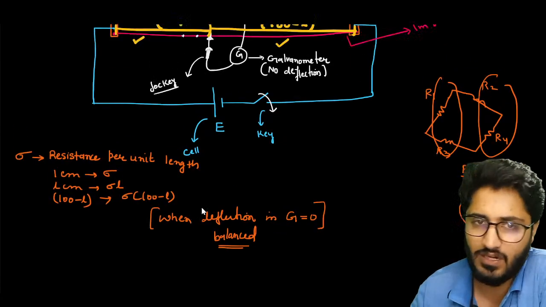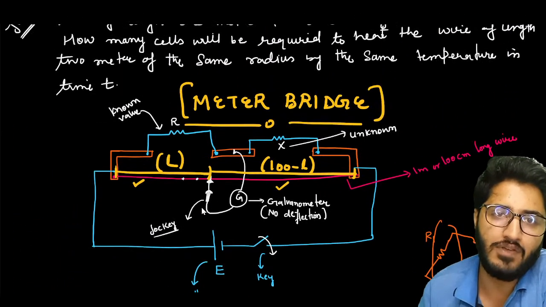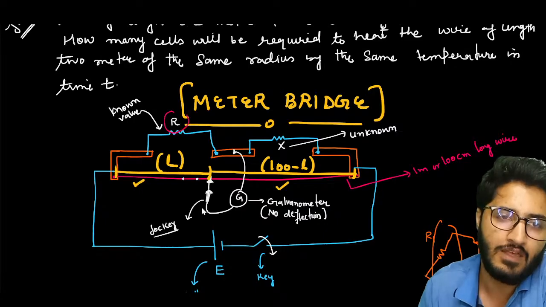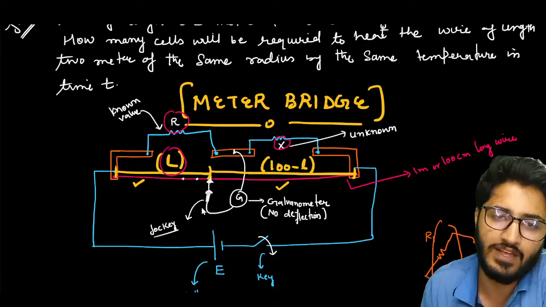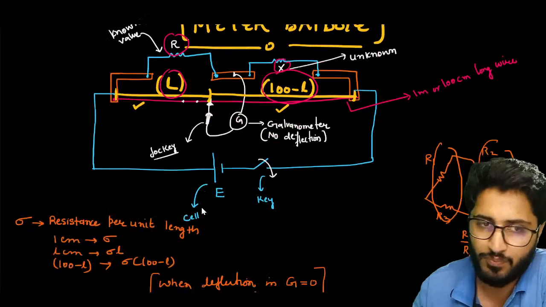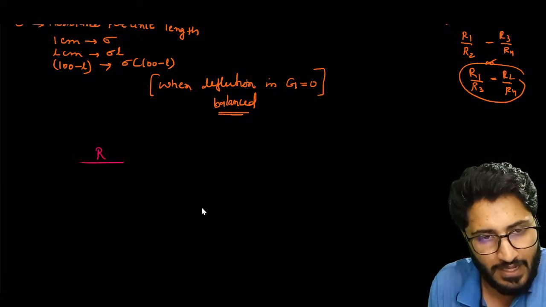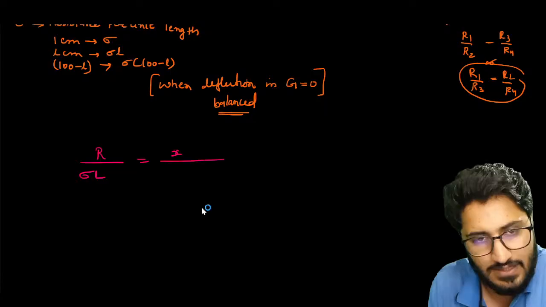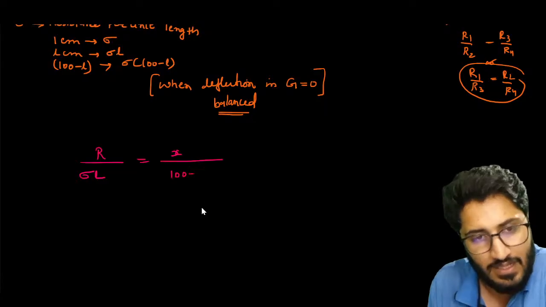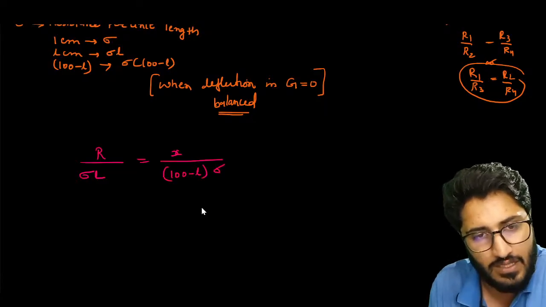So here on the left we have R and L, and then the unknown X and 100 minus L. So I can write the equation R divided by sigma L equals X divided by (100 minus L) into sigma.